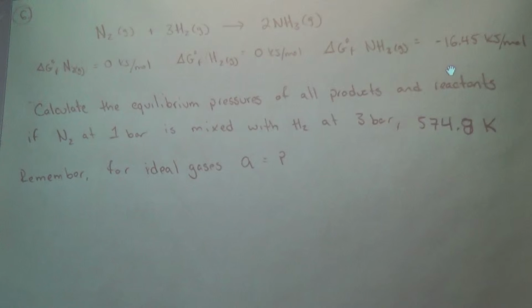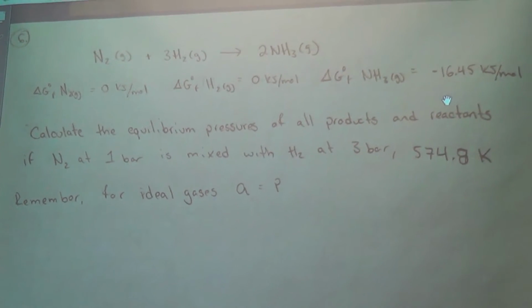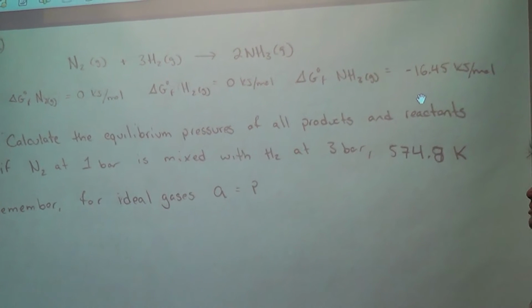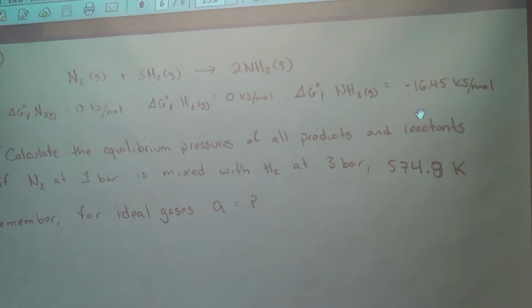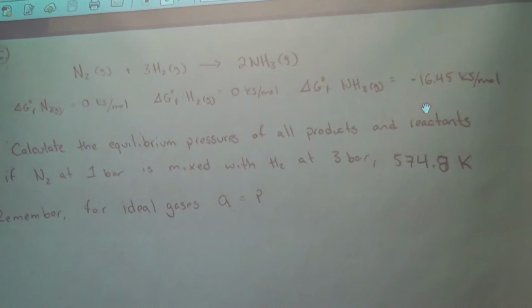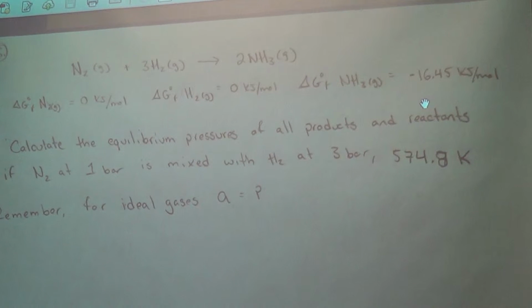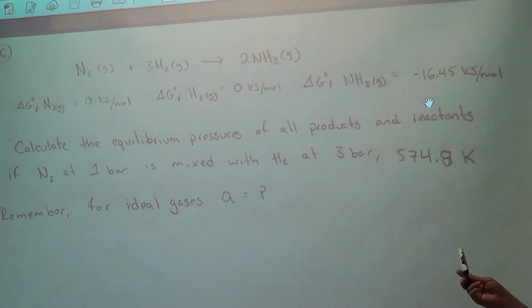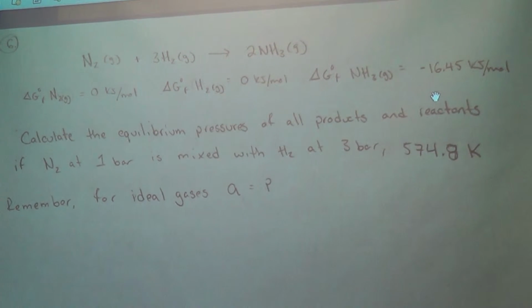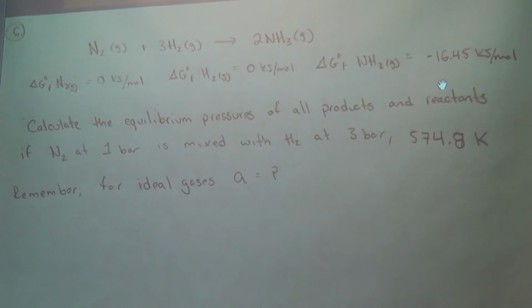We've got nitrogen gas reacting with hydrogen gas to form 2 molecules of ammonia gas. I've given you the delta G naughts of nitrogen, hydrogen, and ammonia. And I'm leaving it to you to figure out what the equilibrium pressures will be if you start off with nitrogen at 1 bar and hydrogen at 3 bars, temperature at 574.8 Kelvin.